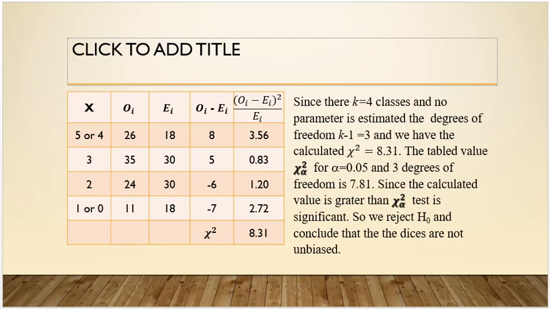So 8.31 is greater than 7.81, so we reject the hypothesis. The null hypothesis is that the given dice are unbiased, and the alternative hypothesis is that the given dice are not unbiased. Since we reject H naught, we conclude that the given dice are not unbiased. So they are actually biased.